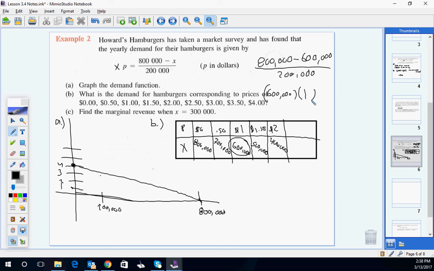Okay, please don't think it's just P of X. It's X of P for the demand function. Why that's important is because now we're going to find the marginal revenue when X is 300,000, which means we need the derivative.